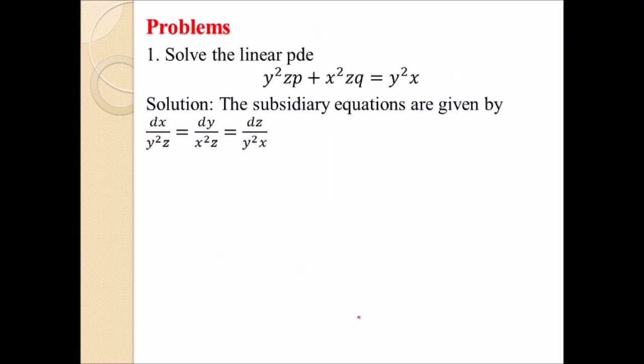Now we'll solve some problems. In the first problem, we have to solve the linear PDE y square z p plus x square z q is equal to y square x. Here the subsidiary equations are given by dx by y square z is equal to dy by x square z is equal to dz by y square x.